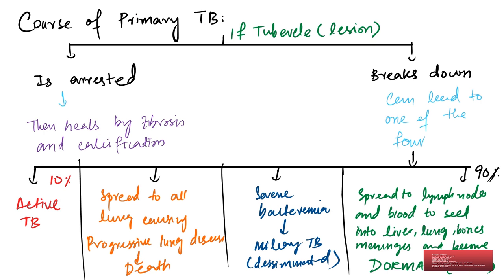Now, if it causes primary tuberculosis, as we have already discussed, and leads to the formation of a tubercle, then there are two chances for the tubercle. It can be arrested, i.e., no more growth in the tubercle, which then heals by fibrosis and calcification.